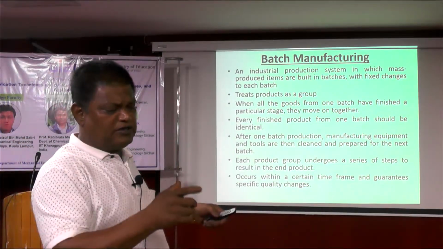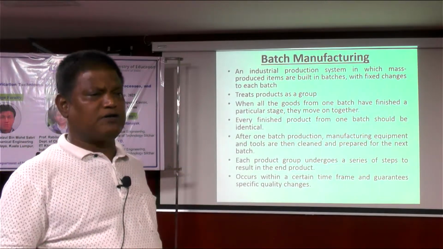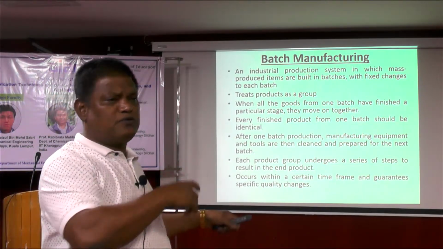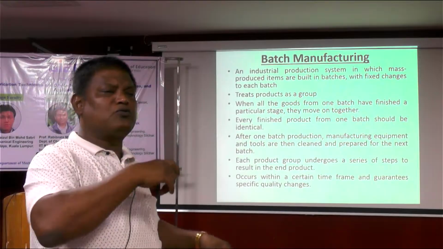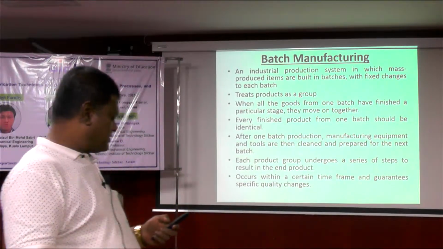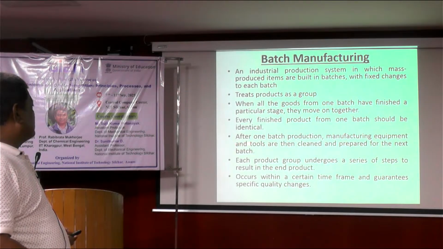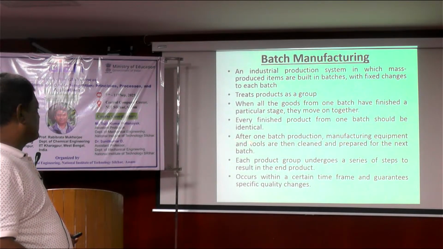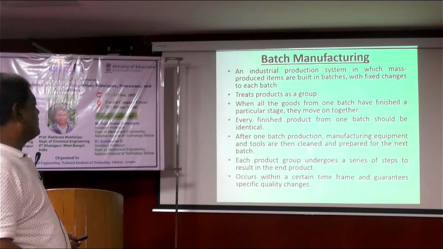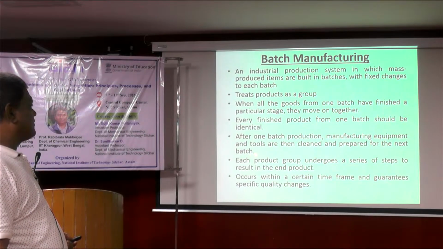So maybe this time they go for a batch of 500 ml bottles. Next they will put 1 liter bottles, then 2 liter bottles. Like this, they go for batches. Every finished product from one batch should be identical. After one batch production, manufacturing equipment and tools are cleaned and prepared for the next batch.